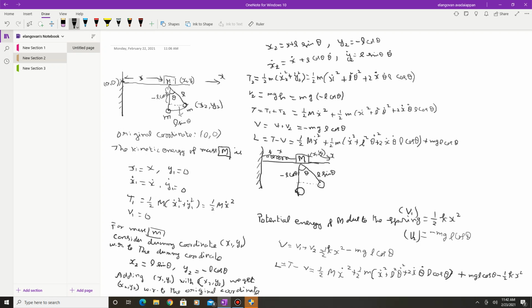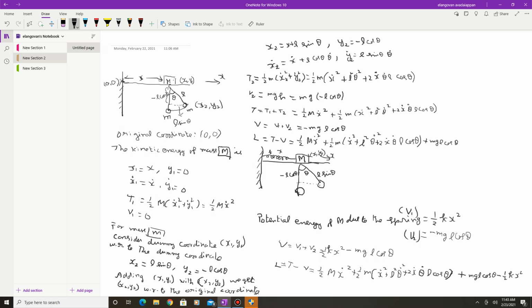The block of mass M is now connected with the rigid support. In the previous problem, it is freely moving along the horizontal plane, but here the spring is connected with the block of mass M.